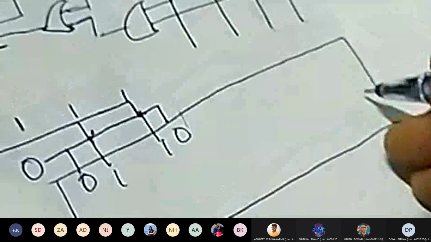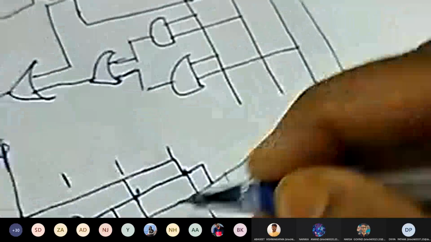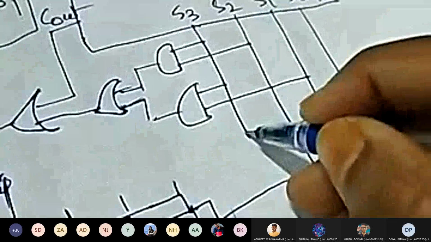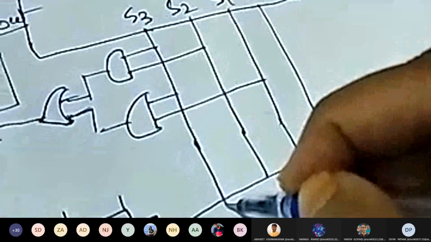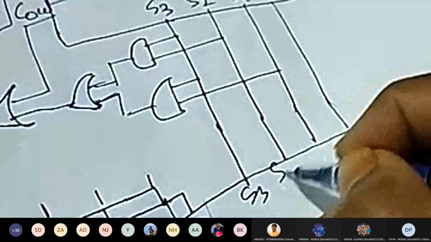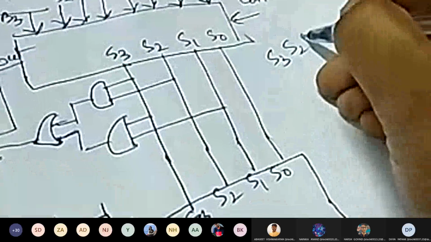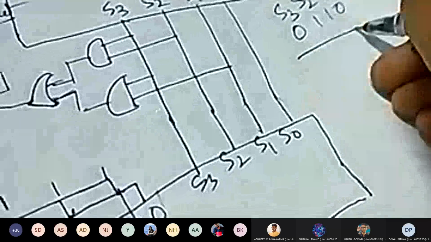So I'll make one more adder. Why am I making this adder? Because this output will be added with this if it is exceeding 9. So now what will happen? We will get at last, this is S3, this is S2, this is S1, S0. That means S3, S2, S1, S0 will be added with 0, 1, 1, 0.